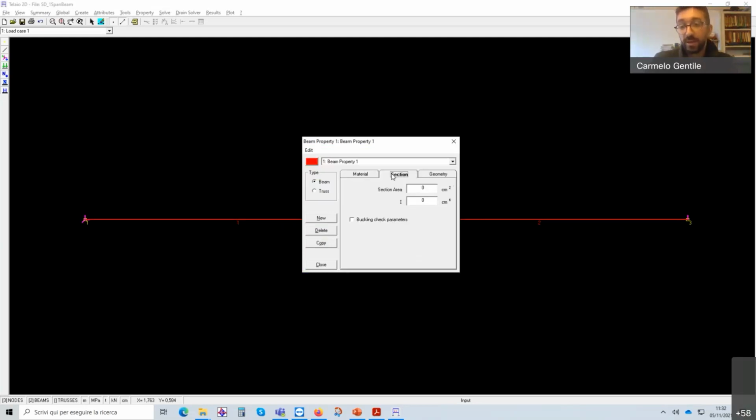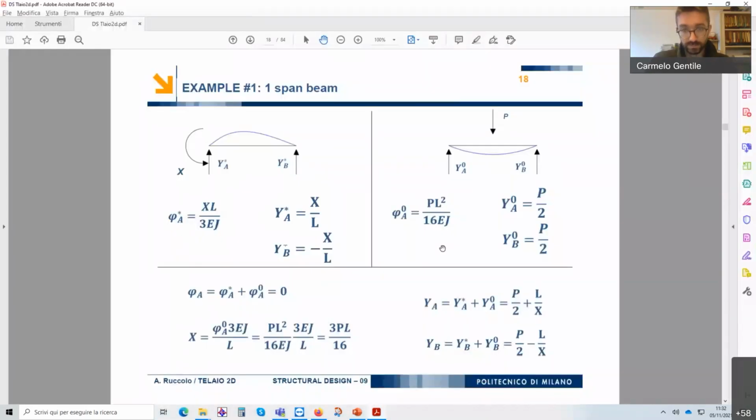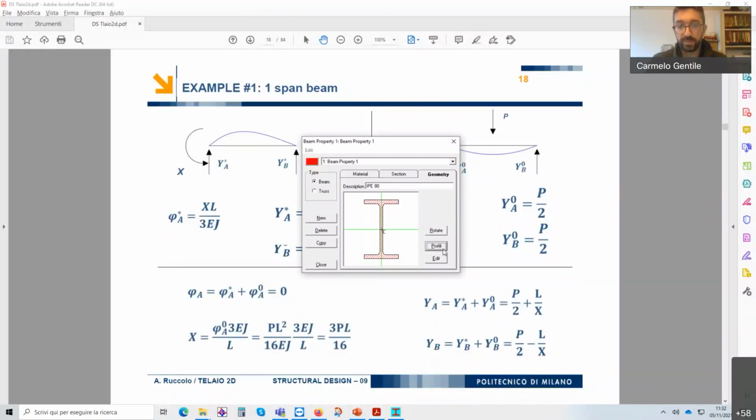Then we can define the section, saying what the area and the moment of inertia of the cross section are. Or if you have downloaded and installed the Profili version 6 software, you can go on geometry, you find a blank window, you click Profili, and something appears.